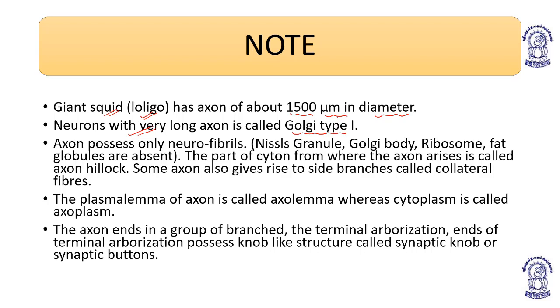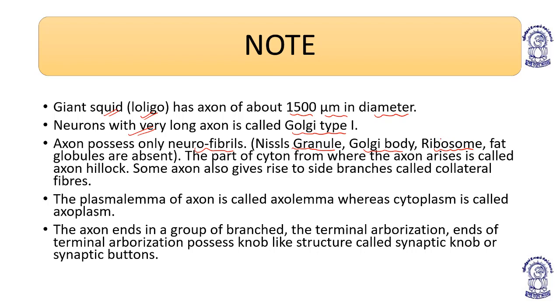Axons possess only neurofibrils. Nissl granules are present in dendrons but absent in axons. Golgi body, ribosomes and fatty globules are also absent in axons.